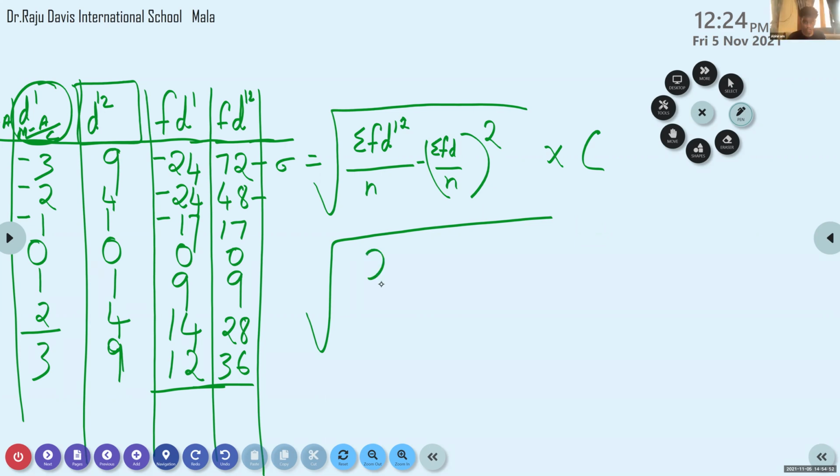Okay. What is N? 10. This is a previous question, which you have done before. Now, what is sigma FD dash?